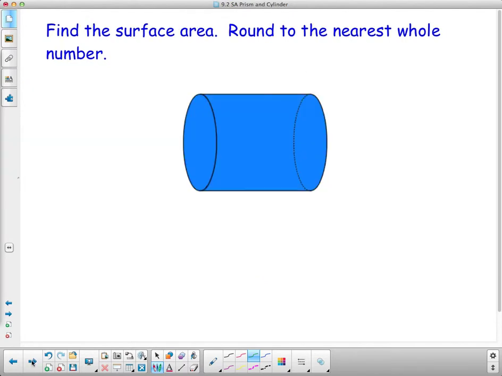And how about the cylinder going this way? This measurement is 22 inches, and this way it is 20 inches. Find the surface area. You need the radius, and you need the height.